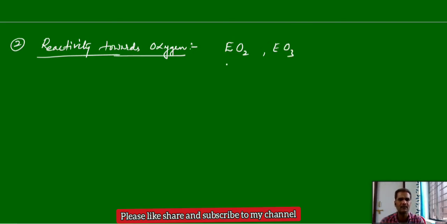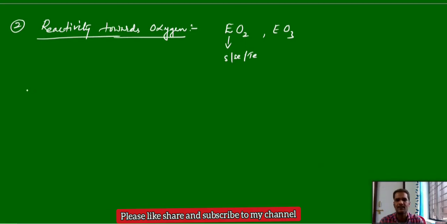E means the element here. It may be sulfur, selenium, tellurium. We'll see the dioxide and trioxide properties. First, let us take the dioxides: SO2, SeO2, and TeO2.